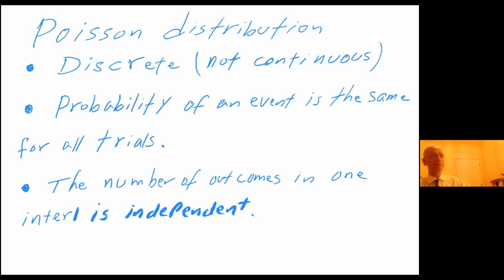The probability of an event is the same for all trials. We can assume that because we are told that the mean is 4. And for the third one, the number of outcomes in one interval is independent. The number of errors on page 7 today is independent from page 5 yesterday. They don't intermingle. They don't have any effect on each other. So it does qualify for Poisson.